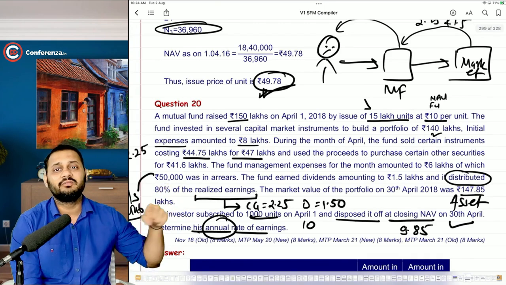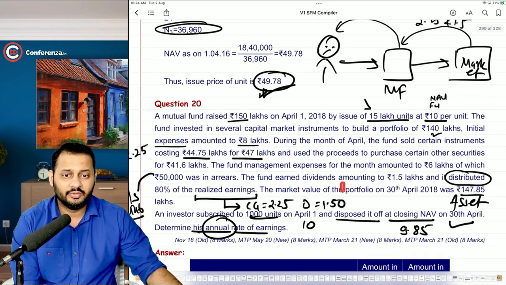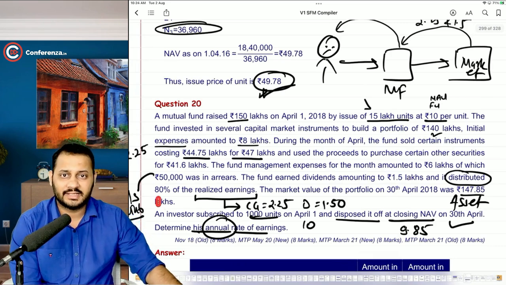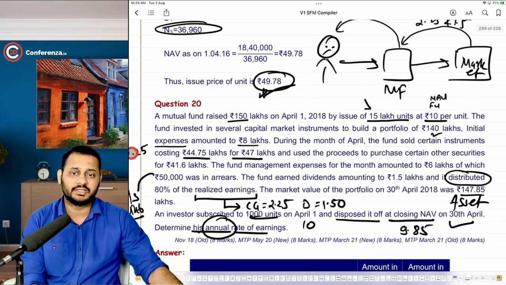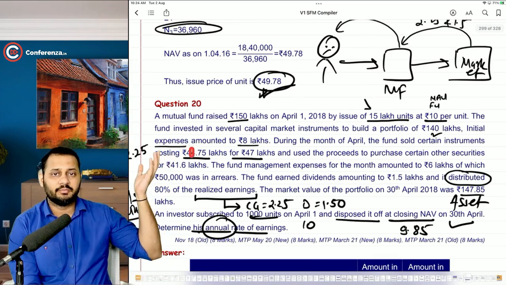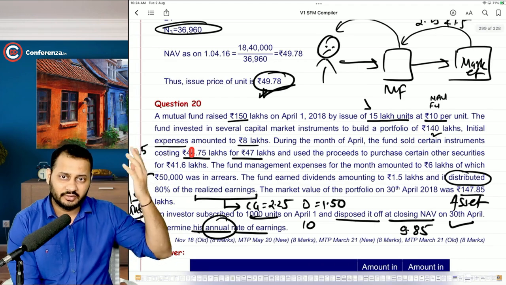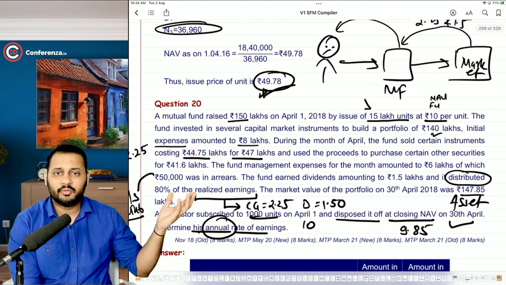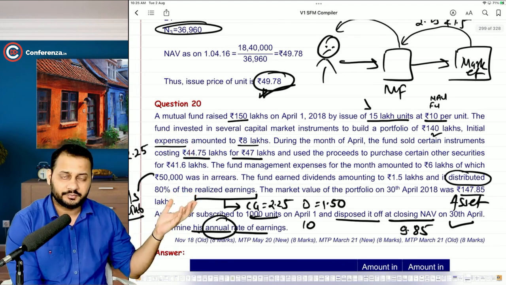They said 80% of the realized earning. So it doesn't include only dividend. Most of the students will only give treatment of 1.5 lakhs into 80%, and that's it. They will forget about 2.25 lakhs because that treatment was given a couple of treatments back. We are just human and we tend to forget all these things. So you might forget about the capital gain.